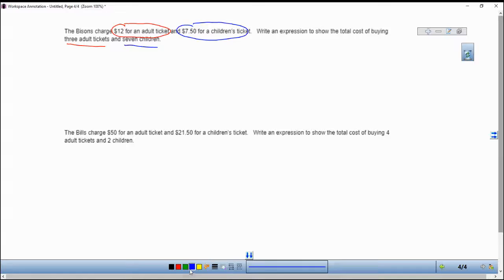All right, so we're going to write an expression for this. Well, it's $12 for an adult ticket, and we are buying 3 of those. So 12 times 3 plus $7.50 for a children's ticket, and we're buying 7 of those.